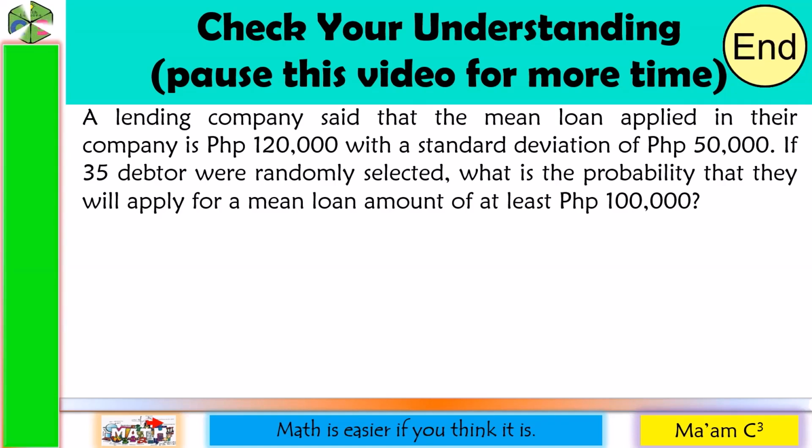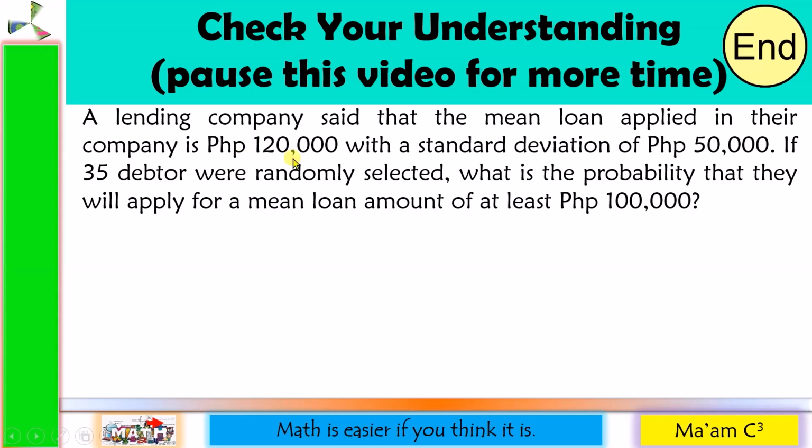Let us answer. A lending company said that the mean loan applied in their company is 120,000 pesos with a standard deviation of 50,000 pesos. If 35 debtors were randomly selected, what is the probability that they will apply for a mean loan amount of at least 100,000 pesos?